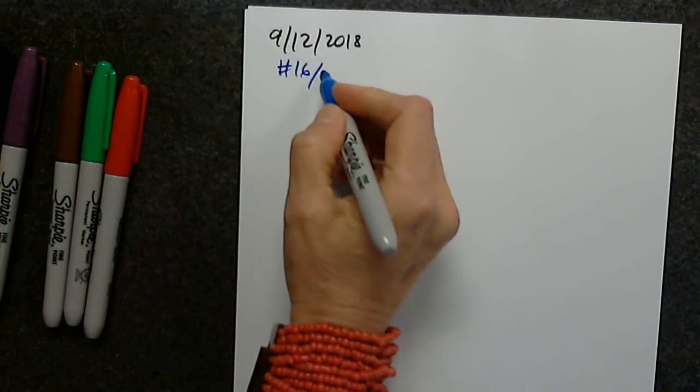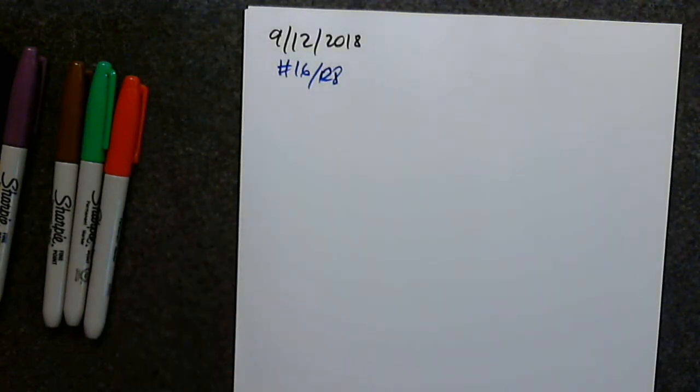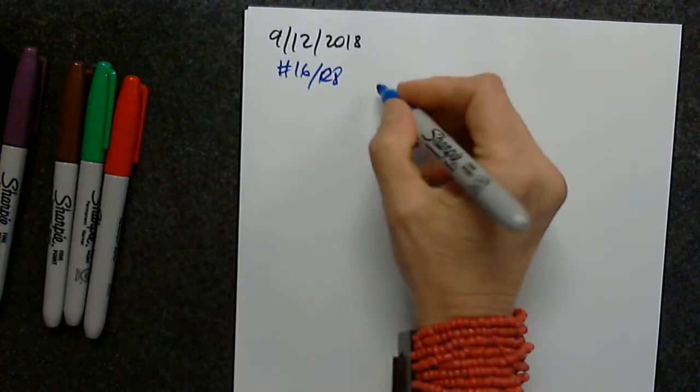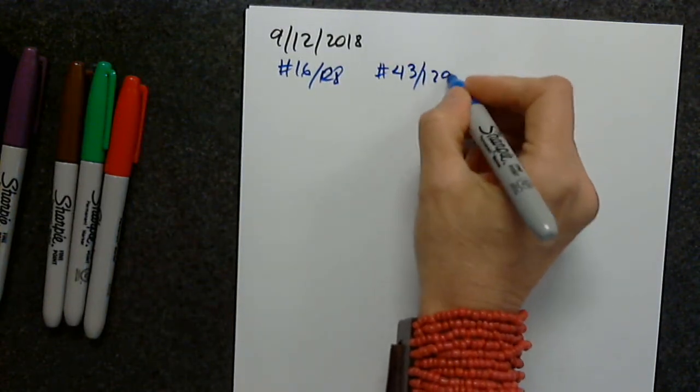Okay. So we have 16 on page 128, correct? Sorry, no, it's problem 42 on page 129, or number 16 in the packet. Okay. So we're going to look at 43 on page 129.